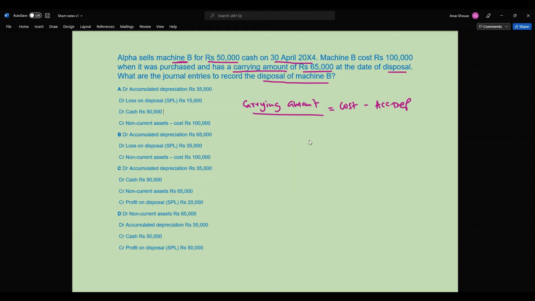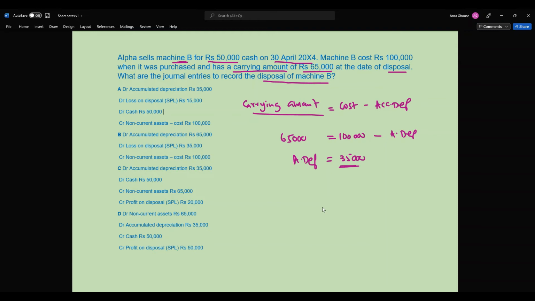The carrying amount is given as 65,000, and the cost was 100,000. You are not given the accumulated depreciation, but it's very simple to identify. Accumulated depreciation is 100,000 minus 65,000, which is 35,000.